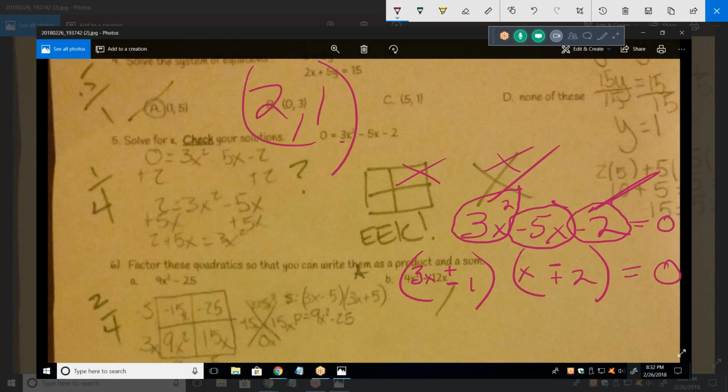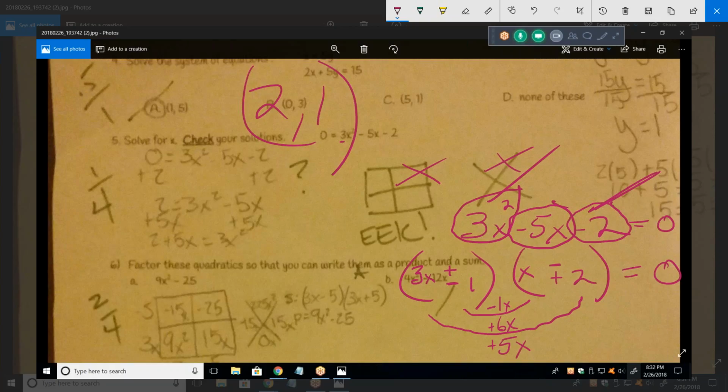Well, the middle term comes from the O and the I of FOIL, which is the outside and the inside, multiplied together and then added together. The inside is minus 1x, right? The outside is plus 6x. Add those together, I get plus 5x.